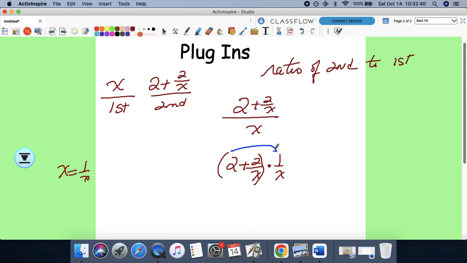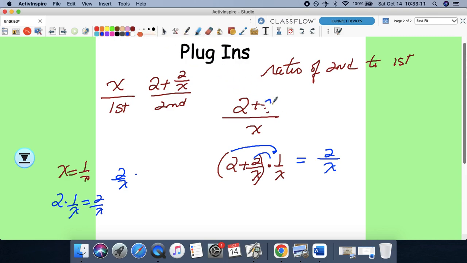I'll multiply these two first, and 2 times 1 over x is just 2 over x. Now, this, oh I see, sorry guys.